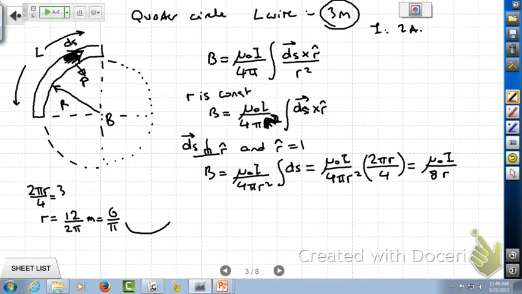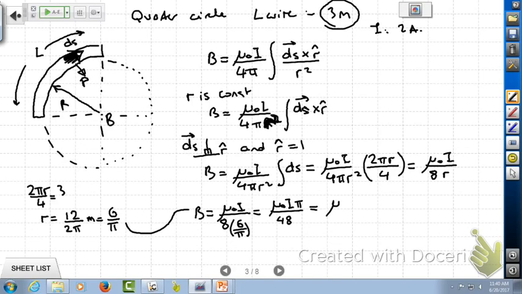And then I would bring that back here and say, well, B is equal to mu naught I over 8 times 6 over pi, which equals mu naught I pi over 48.